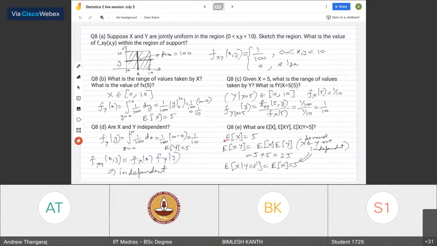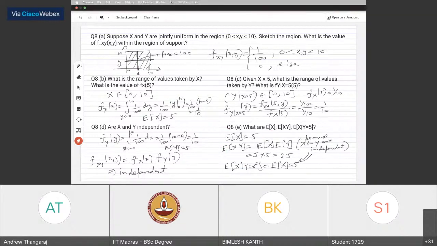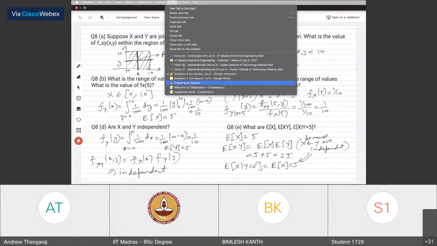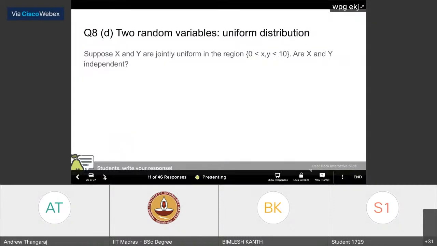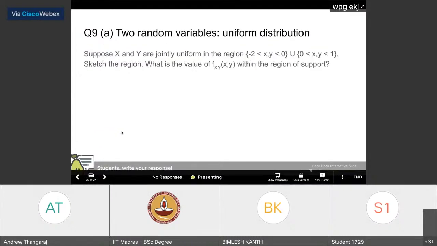Okay. So there's some expected value calculation. I'll skip that. I'm not going to present that or ask you to do that. We'll move on to another very interesting case where the problem is slightly different. So x and y are jointly uniform in a region like this.